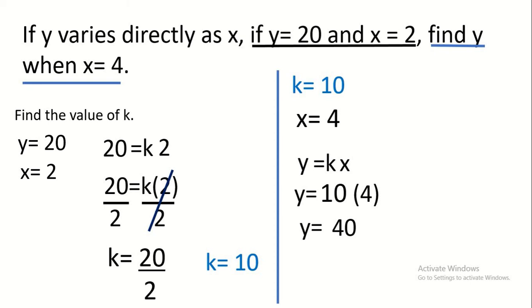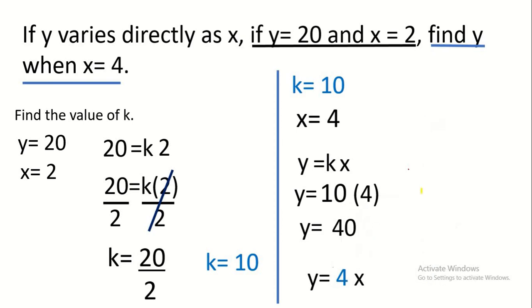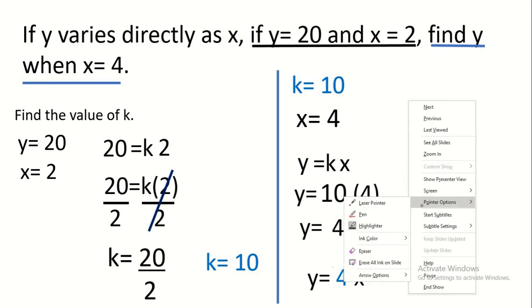And our equation of variation will become y is equal to 4x since, that is 10. Alright? So, this is 10 dapat. Baguhin na lang natin. So, meron tayong typo, no?